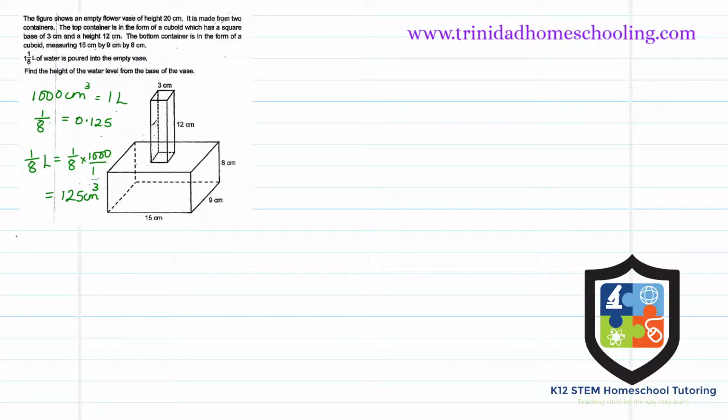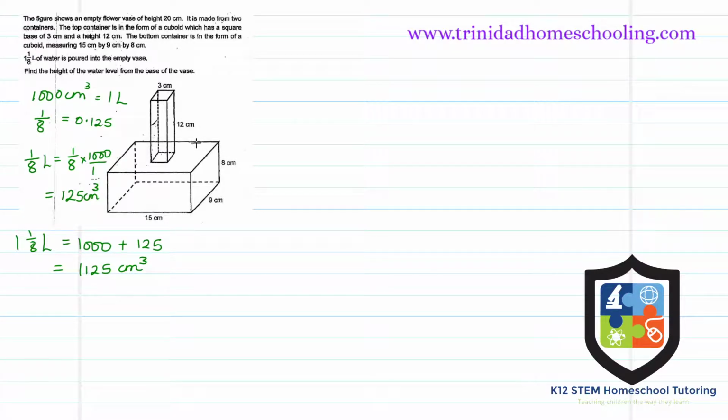So 1 1/8 liters in centimeters cubed is 1000 plus 125, which will give you 1125 centimeters cubed. And this is the volume of water that was poured into this container.